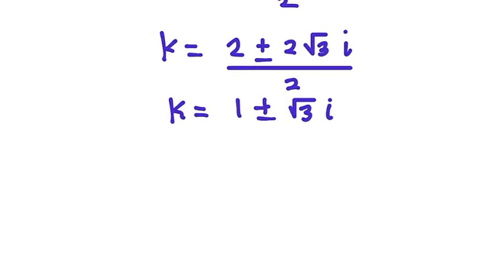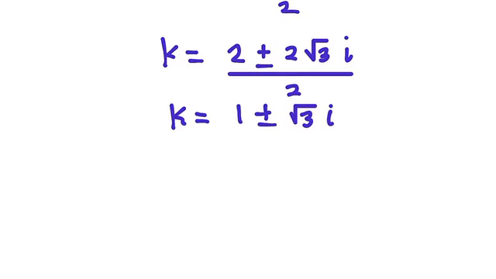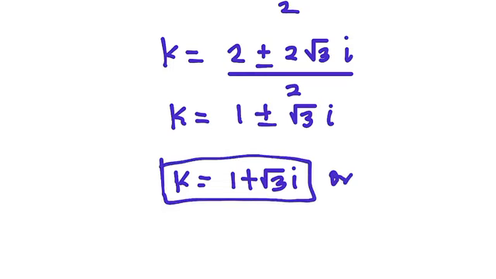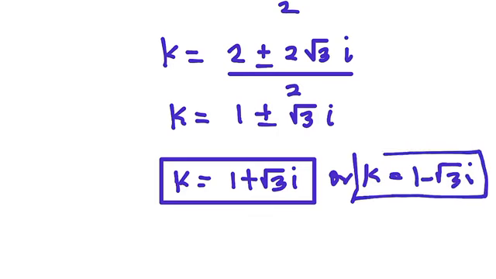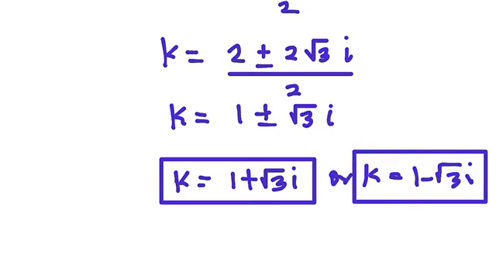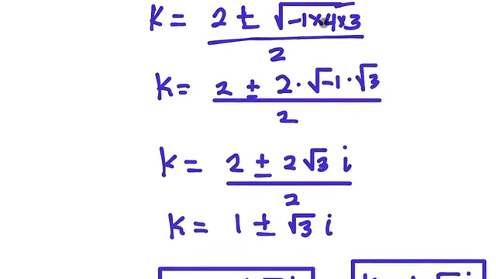So from there, we have another solution. We have k equals 1 plus root 3i, or another one, k equals 1 minus root 3i. Are you getting it? So these are the solutions we have.